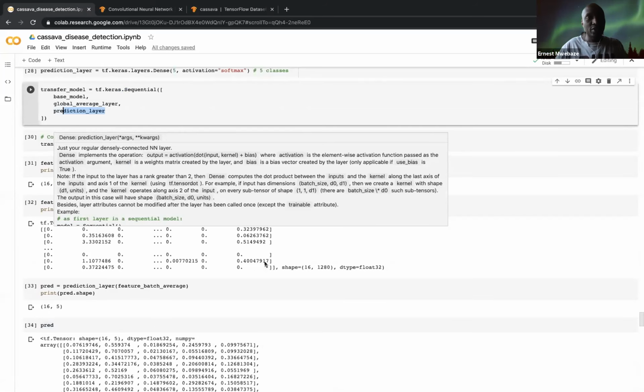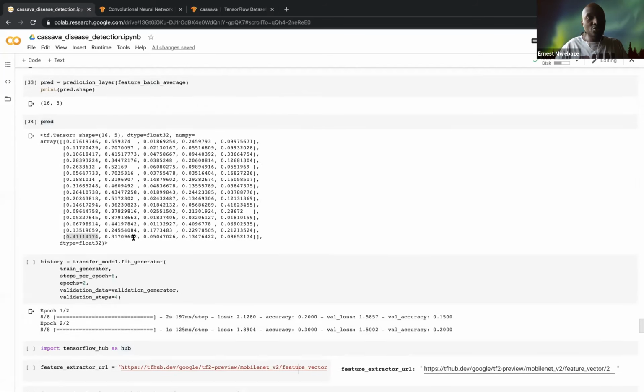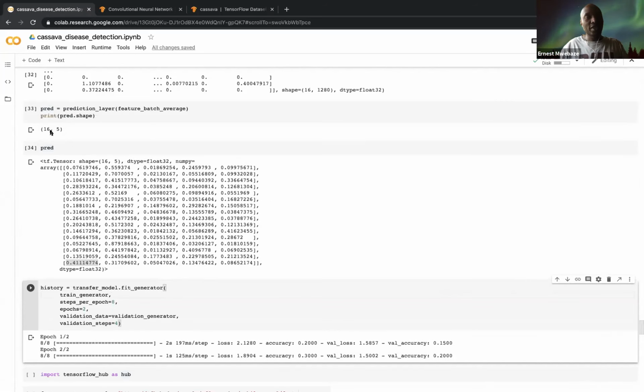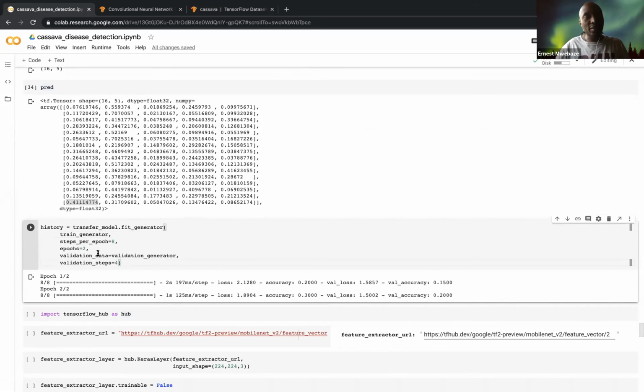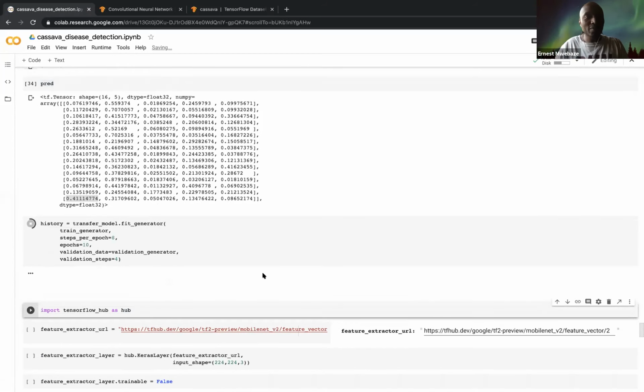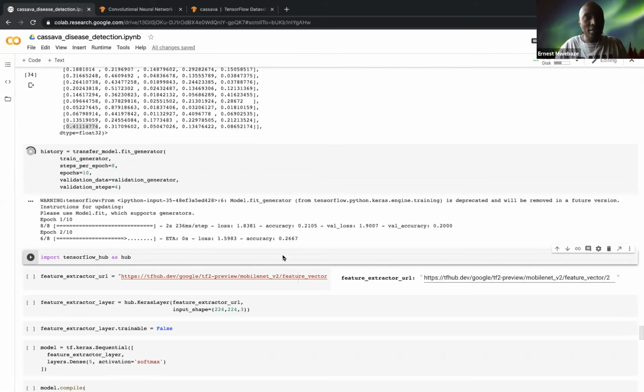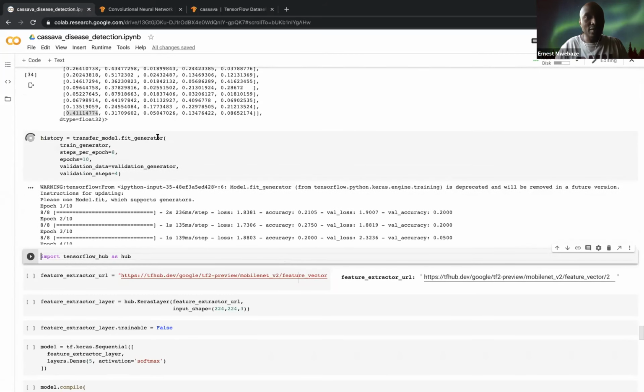So we can train that with our larger data set. So this was just an example with the one batch. If we take all batches, okay, how to fit.